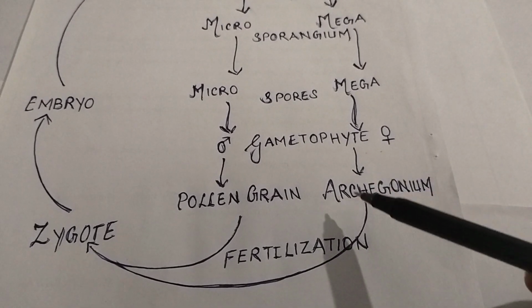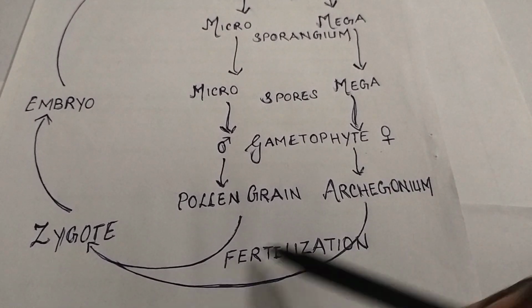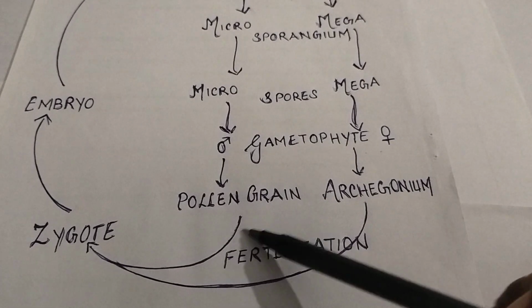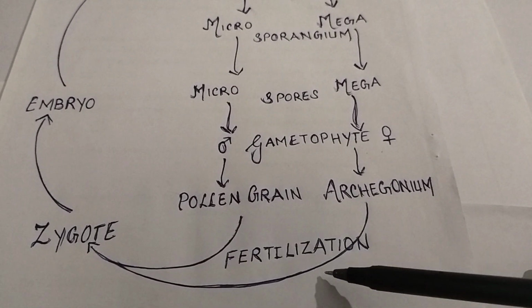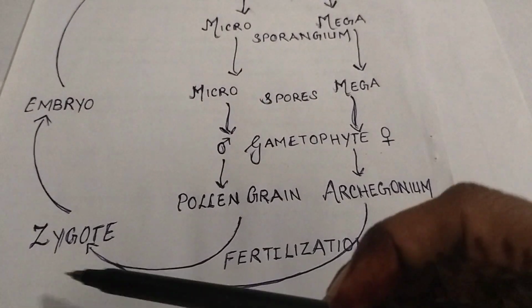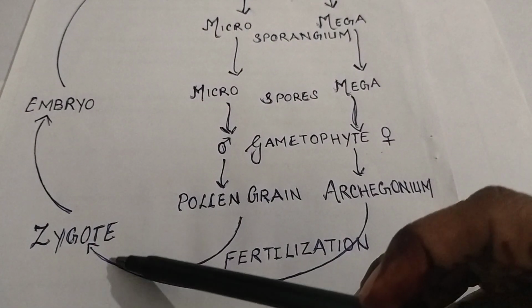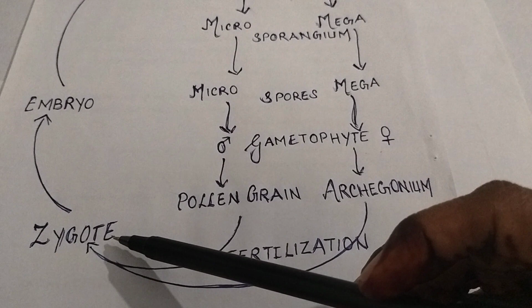It will reach the ovules inside the archegonium. Fertilization will take place. As a result of fertilization, the zygote will be formed.